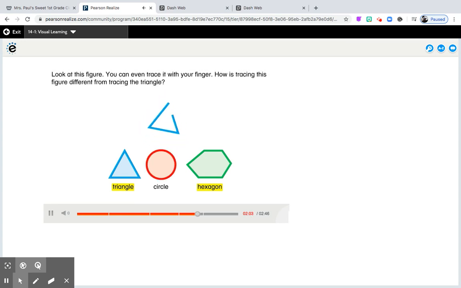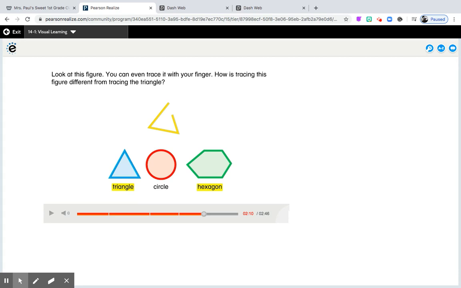Look at this figure. You can even trace it with your finger. How is tracing this figure different from tracing the triangle? You see the difference? The triangle, boys and girls, the lines all come together, okay? And on this shape they're showing you in yellow, they don't come together.